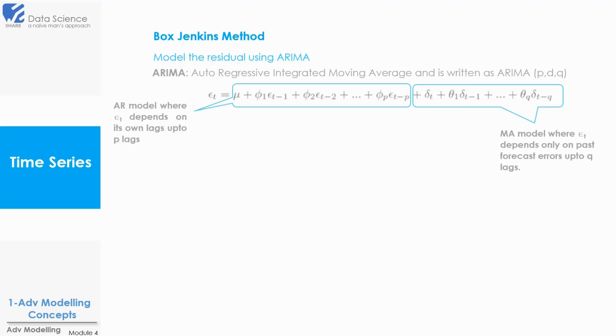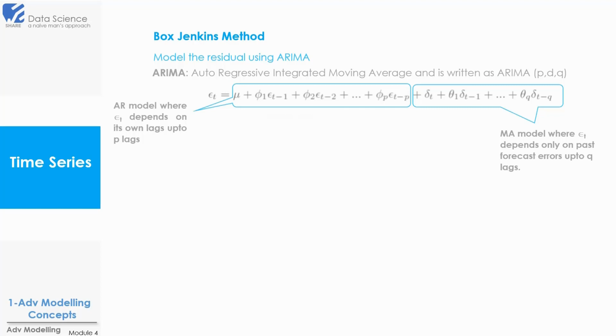That means up to p lags. Now this p is the order of the AR model, that is the autoregressive model. While on the other hand, if you look at the right hand side of the equation, which is the MA model, here epsilon t depends on a term called delta. You can think of delta in the above equation as the weighted moving average of the past forecast errors up to lag q, and q is the order of the MA model, which is the moving averages model.